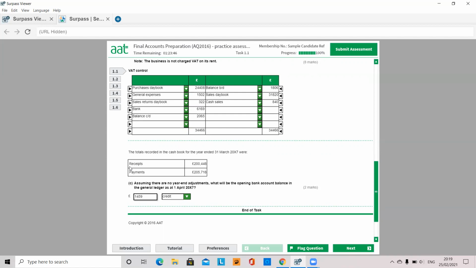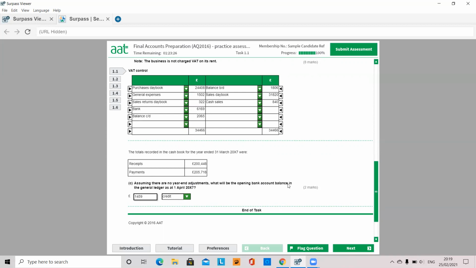Okay, so 1459 is the difference between them. So you need to be careful. It says assume there are no adjustments. What will the opening balance bank account in the general ledger be as at the 1st of April 20x7?